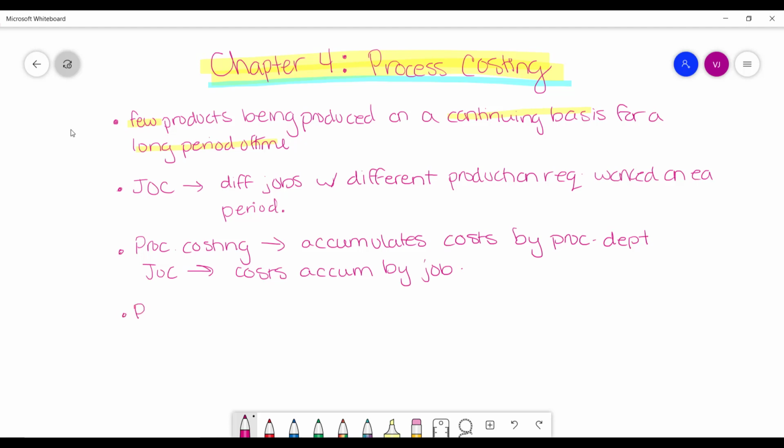And one more difference is that with process costing, this system computes unit costs by department. Unit costs are calculated by department on production reports.